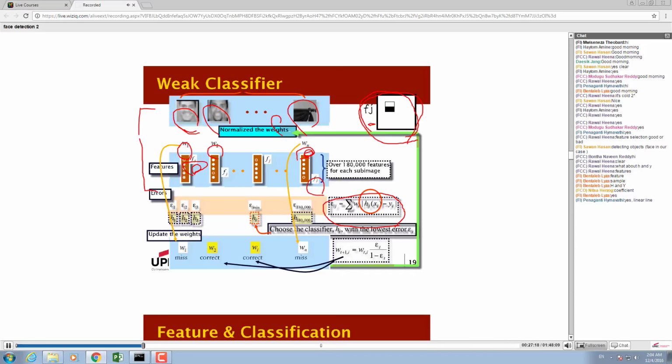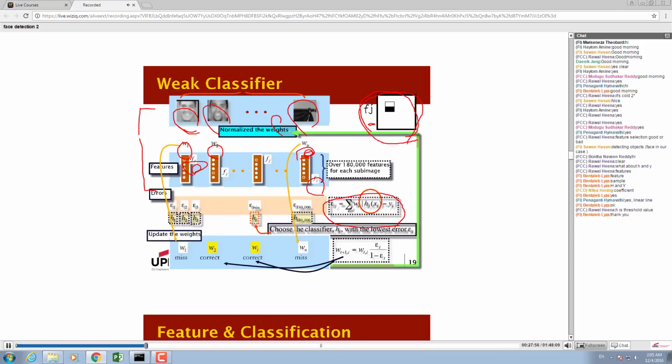When we combine the threshold and feature, it becomes one weak and simple single classifier. It is represented with H. So H corresponds to every feature, so it has index J. Is it clear now? We'll see the detailed logic for H later.